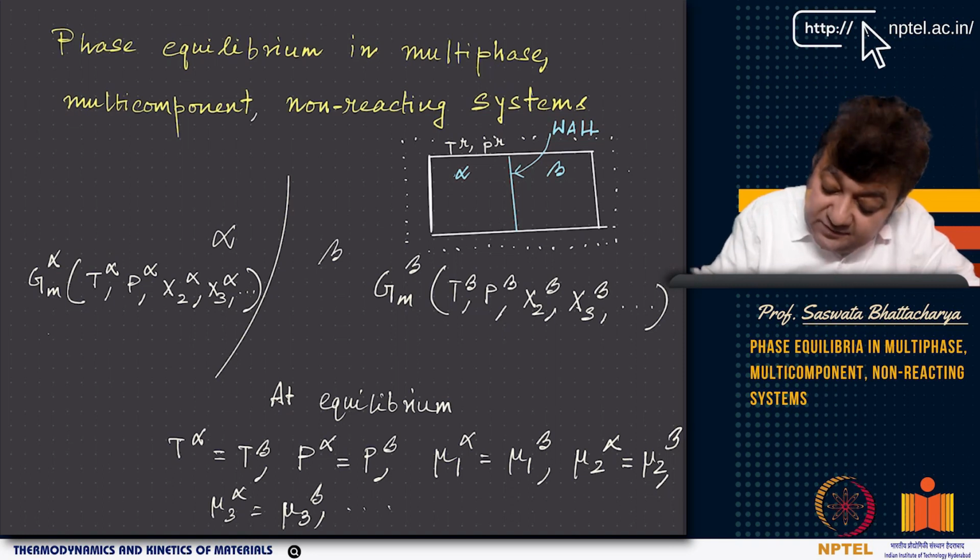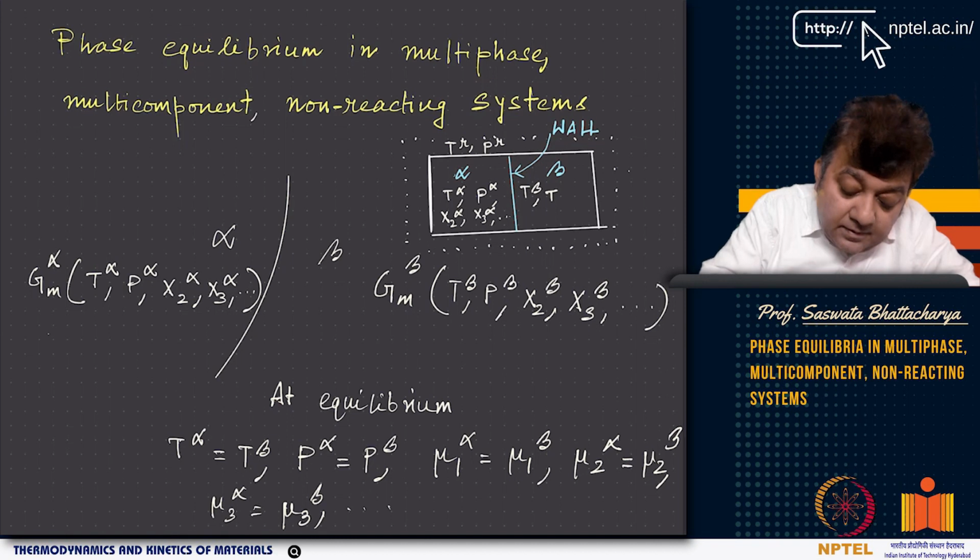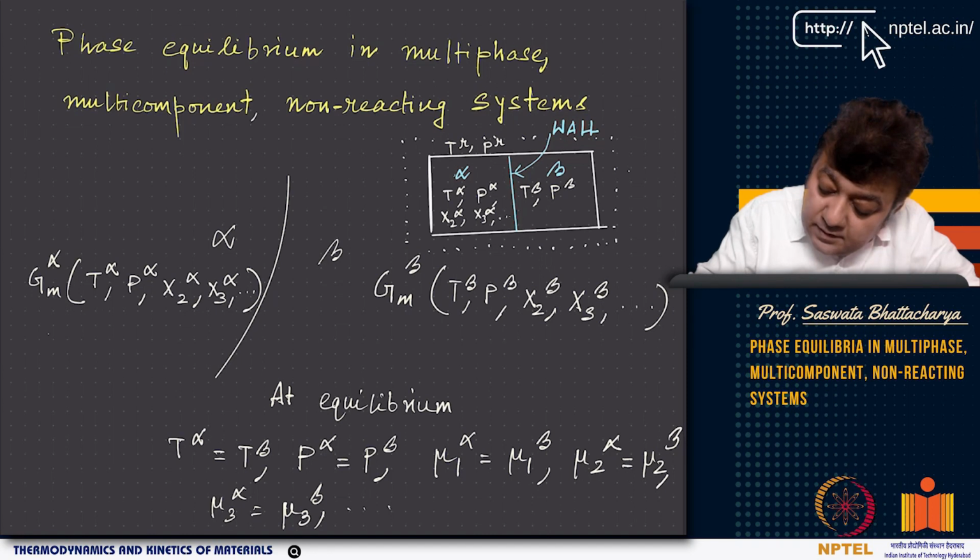Before any exchange happened, you had T alpha and P alpha, and composition in terms of mole fraction, x2 alpha, x3 alpha, and so on. And here you had T beta, P beta, and x2 beta and x3 beta, and so on.